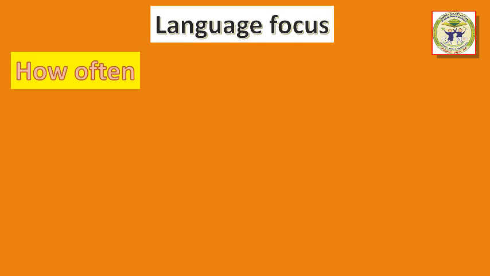When you make a question using how often, you have to follow these steps. Number 1, you will use how often. Number 2, you will use the auxiliary verbs do or does, any auxiliary verb like do and does.